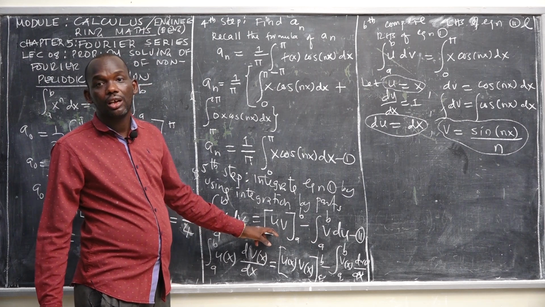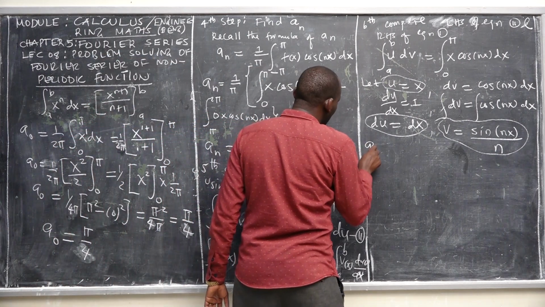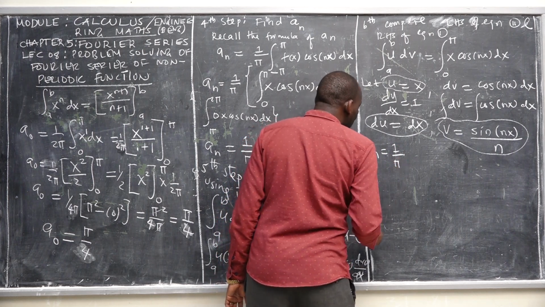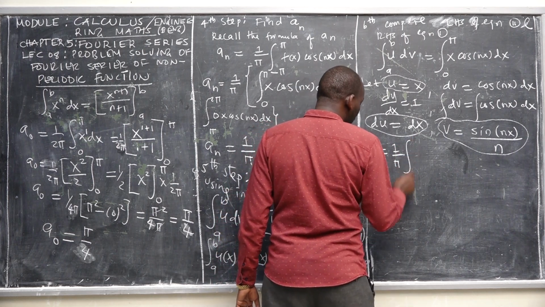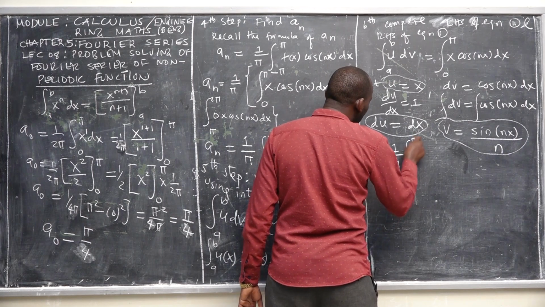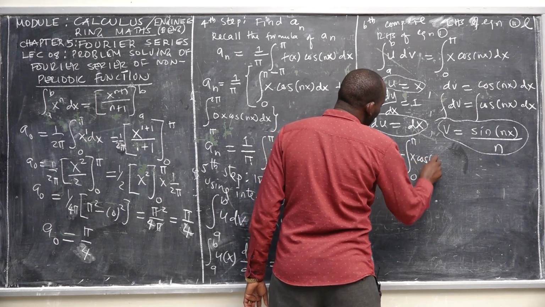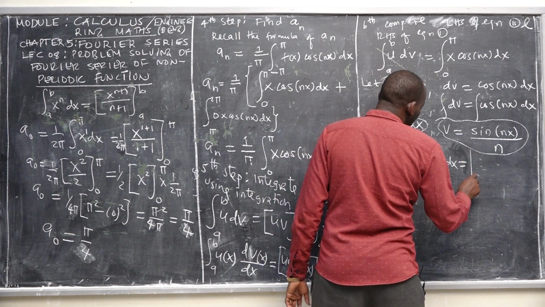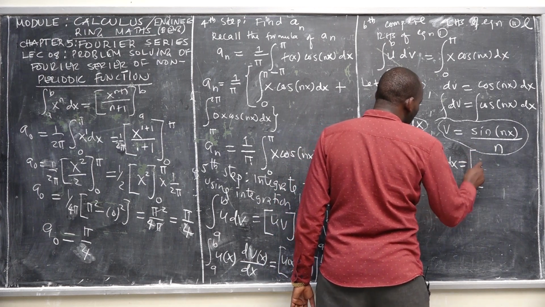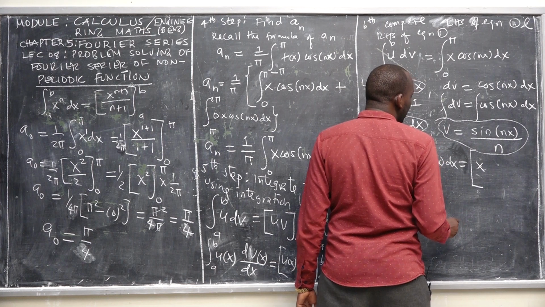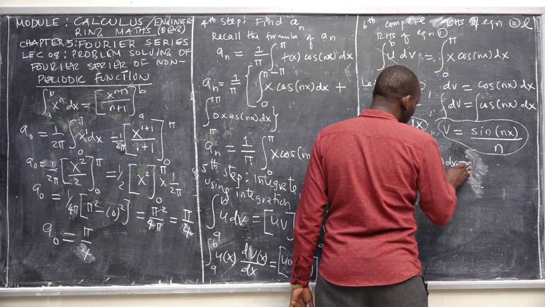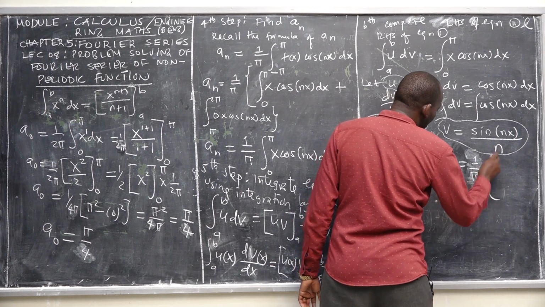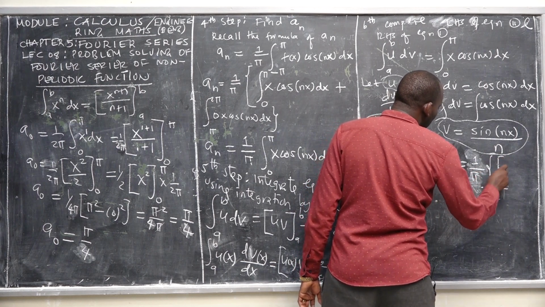Are we together? So for that case, we have been looking for a_n, which is 1 over pi, integral from 0 to pi of x cosine of nx dx. So this is equal to u v. What is u? x. So it is equal to 1 over pi, then curly bracket: what is u? x.